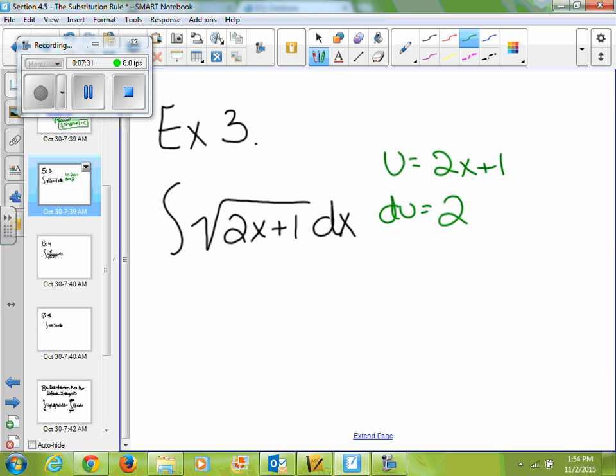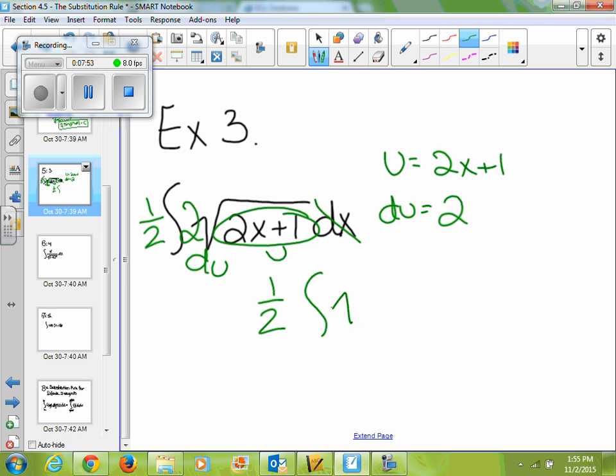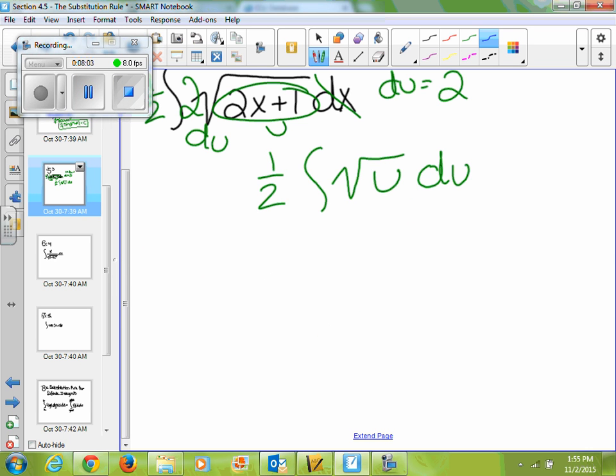Okay, I have my 2x plus 1. I don't have my 2, so I need to add my 2. The opposite then of adding a 2 is putting a 1/2 out. So then I can replace the 2 in the dx with the u, and I can replace this with u. So I get 1/2 the integral of the square root of u du. Well, the square root of u is the same thing as u to the 1/2.